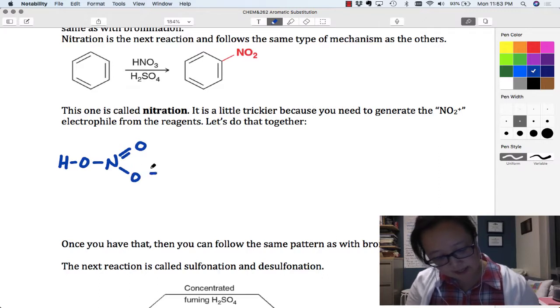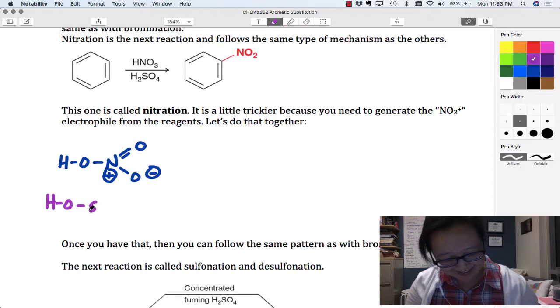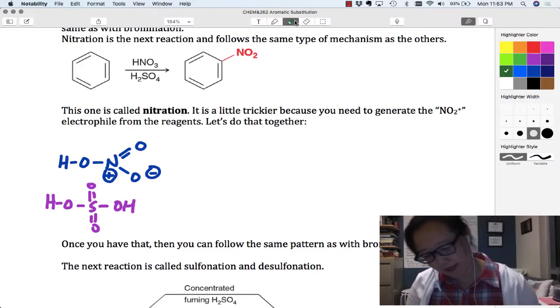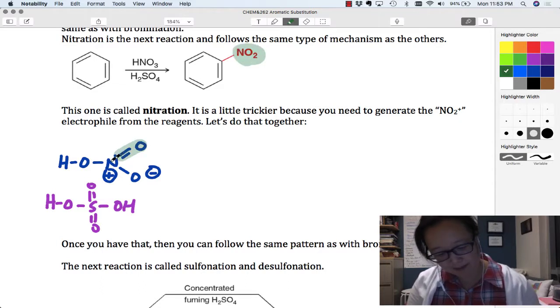So here's nitric acid, and maybe you didn't realize it looked like that. I always forget myself because I hardly ever draw these out, but here's sulfuric acid as well. Okay, so the thing that I'm looking for is an NO2 group, right? So just as a clue, I'm probably going to use that kind of an NO2 right here.